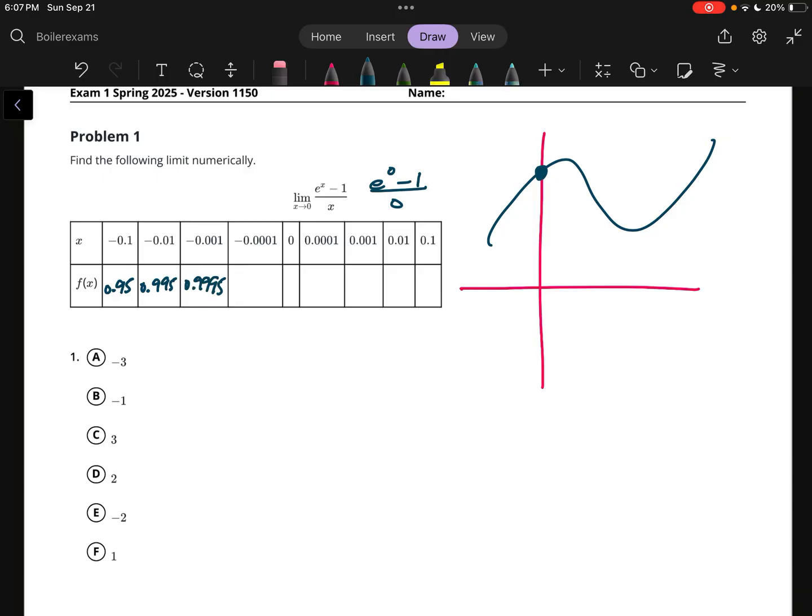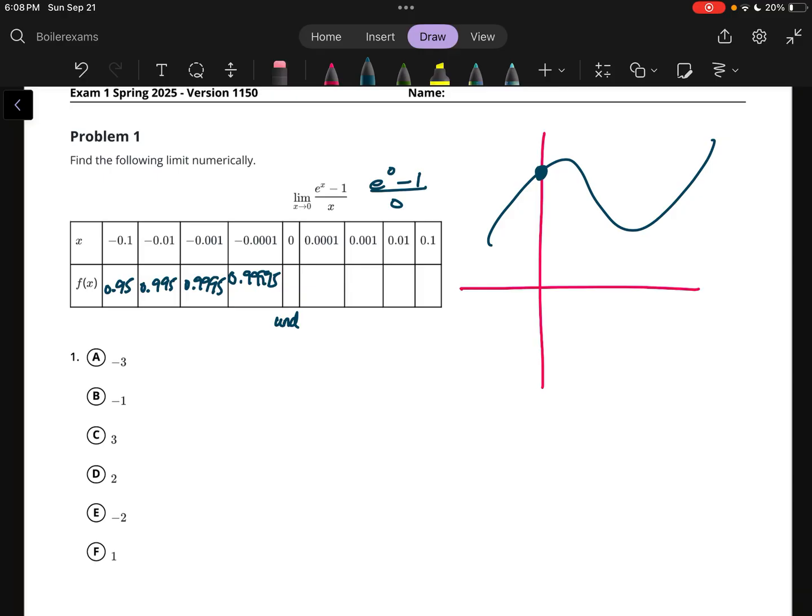Okay, I'm going to stop talking and just write the numbers from now on. Actually, there should be one more 9. And then 0 is undefined, so I'm just going to write undefined down here.